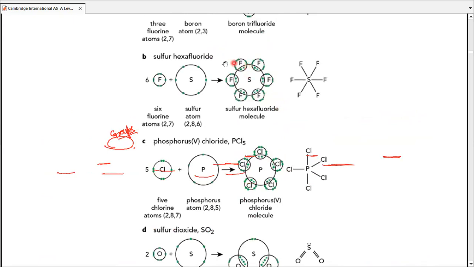Let's talk about sulfur hexafluoride. Sulfur is 16. That means 1s2, 2s2, 2p6, 3s2, and how much would be the last one? Four.